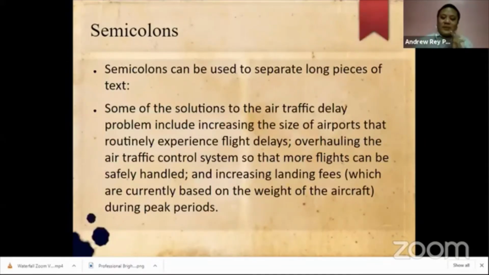For example, some of the solutions to the air traffic delay problem include increasing the size of airports that routinely experience flight delays; overhauling the traffic control system so that more flights can be safely handled; and increasing landing fees, which are currently based on the weight of the aircraft during peak periods. So because the piece of text is longer, it's more appropriate to use semicolons instead of commas. Okay?